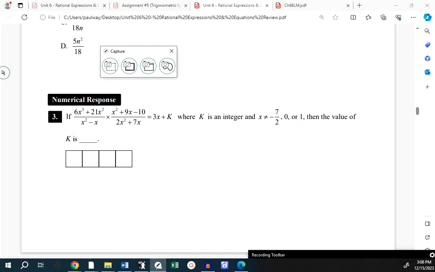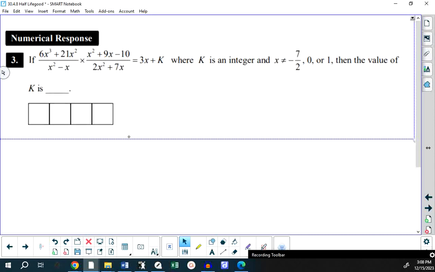It's just telling us there are non-permissible values. We're told that this product of these rational expressions on the left is equal to 3x plus k. So in my mind, we're just going to simplify that product and see what we get.